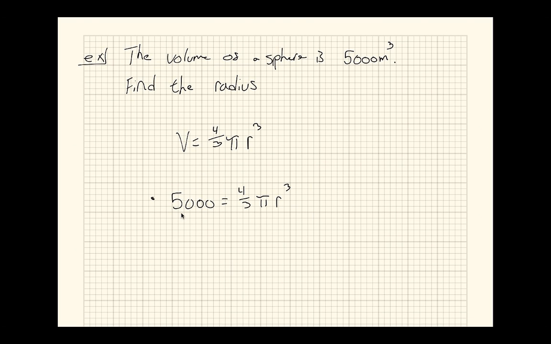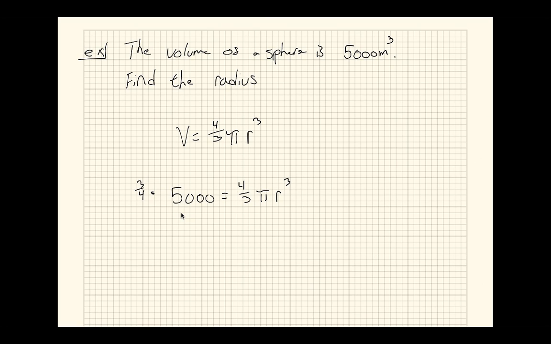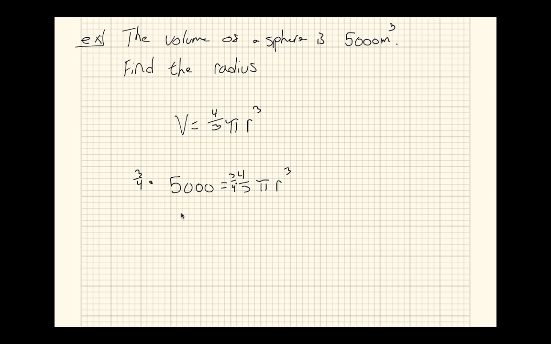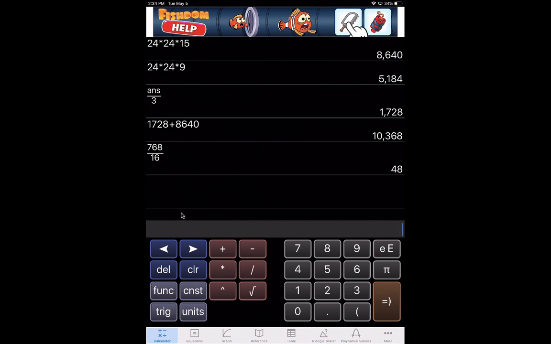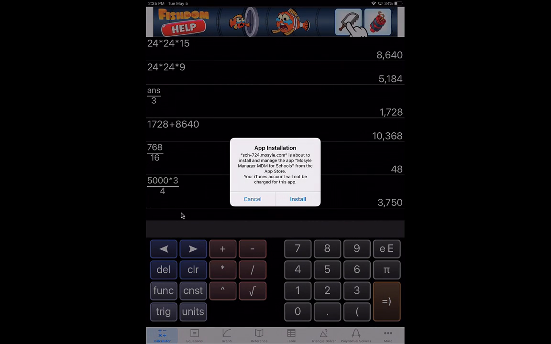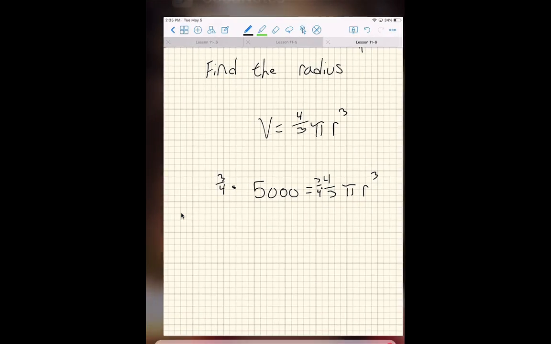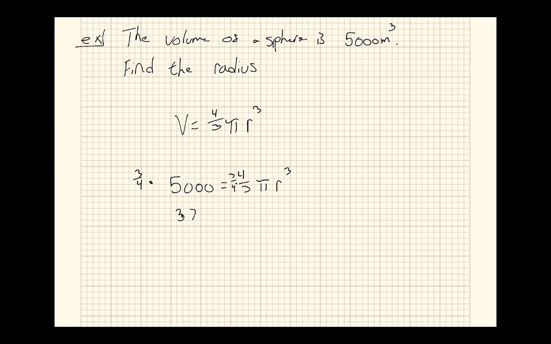So multiply by 3/4. That cancels that. So we should have 5,000 times 3 divided by 4. 3,750. So 3,750 equals pi r cubed.